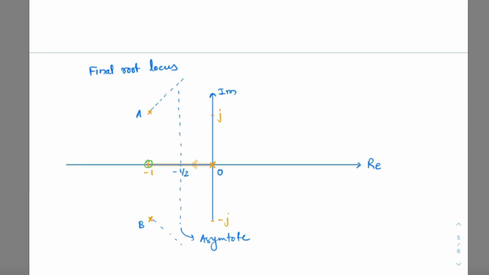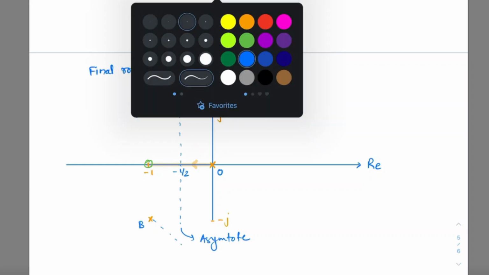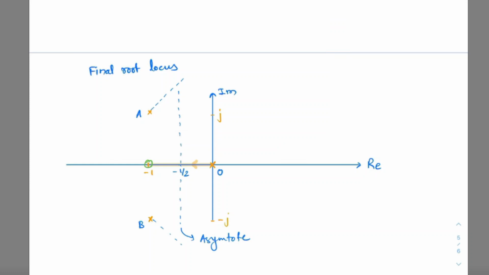So from here, the root locus would go like this and asymptotically reach this point of -1/2. Similarly, this side also will see a similar trajectory.